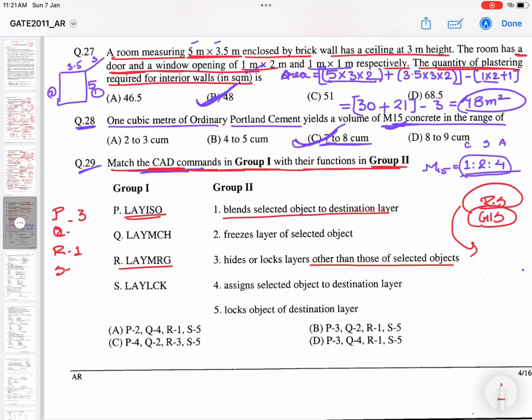LAYLCK is lock the object of the destination layer. Please don't get confused with this one and this one. Just read it carefully. Now LAYMCH is freezes layer of selected object. Yes, the second one. So the best match answer is P3, Q2. Yes, so B is the correct option for this one.